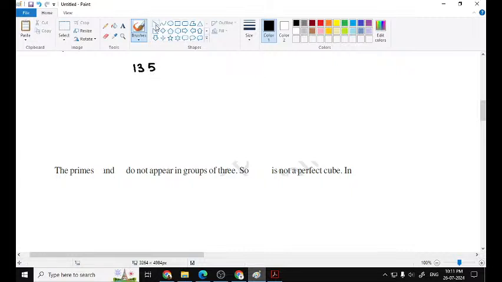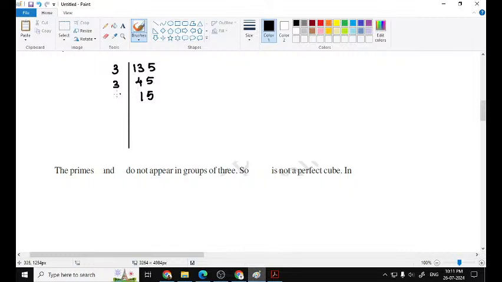This number is not divisible by 2 because it is odd. Sum of digits is 9, so it is divisible by 3. 3 4s are 12, remainder is 1 and then 5, so 3 5s are 15. This number is divisible by 3.